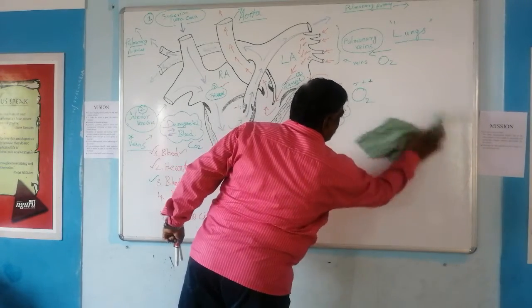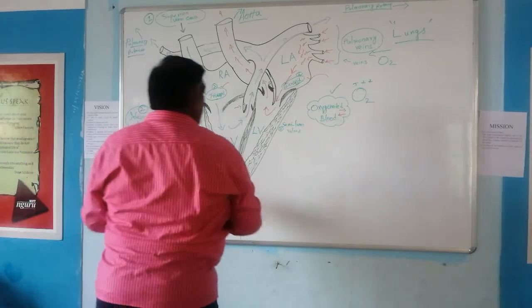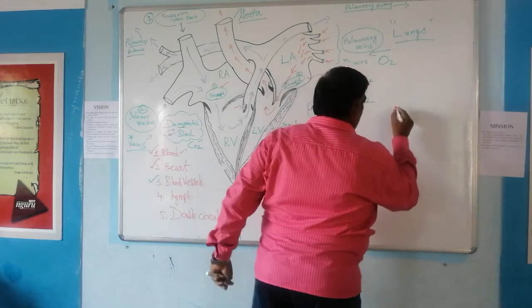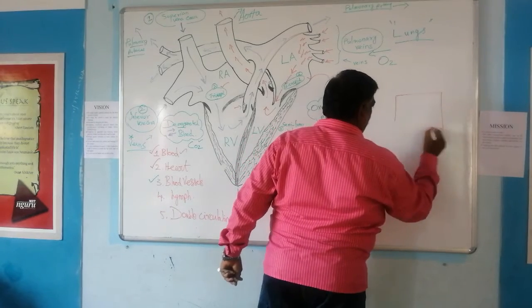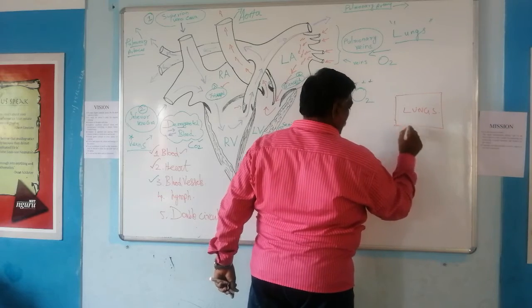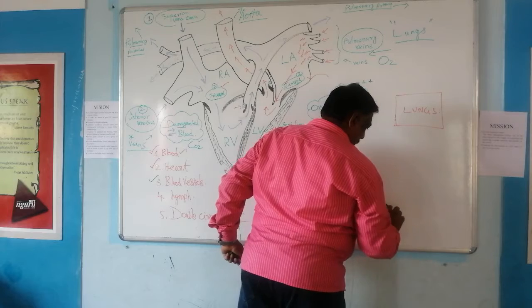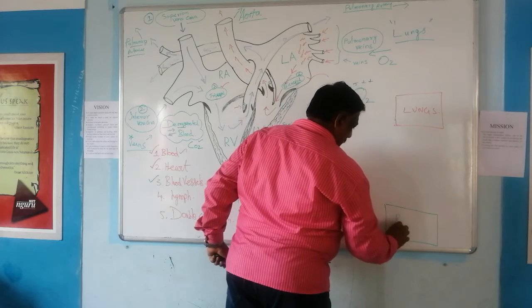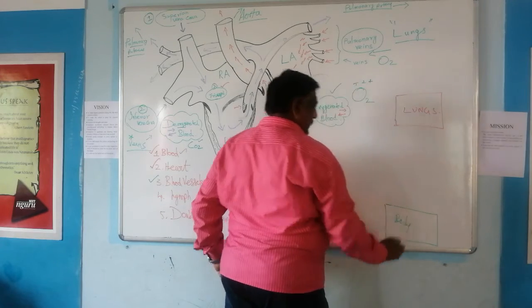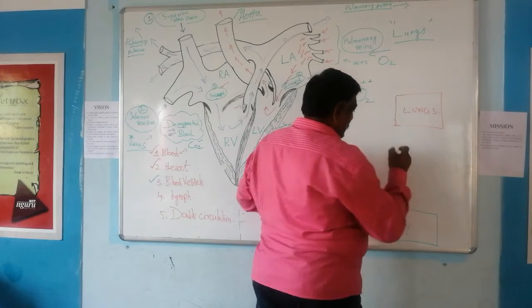Now we will complete it with double circulation. Suppose I draw the lungs here, the right and the left lung. I draw the body here, the complete body, and a heart in between.